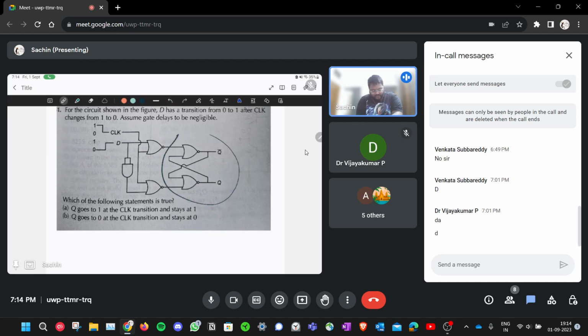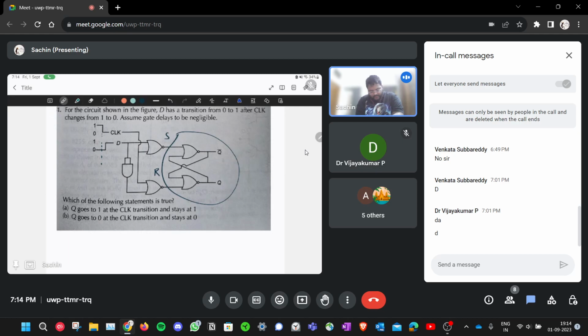Because you see, this part is an SR latch, and this is S, this is your R. So when both the clock and D are high, is there a portion like that? Okay, there's no portion like that. Okay, consider this portion. The clock is high and your D is low.